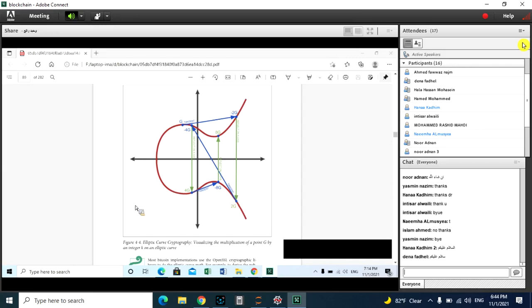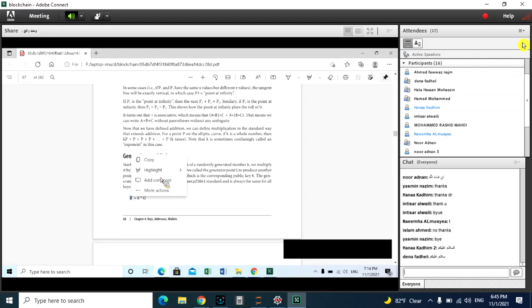This is the public key. This is the hashing of this public key. You can read this part to understand how it works.